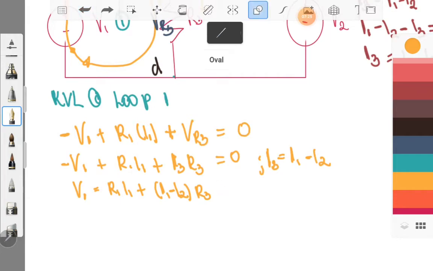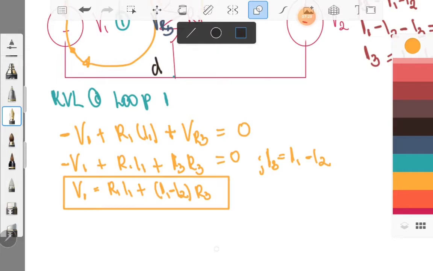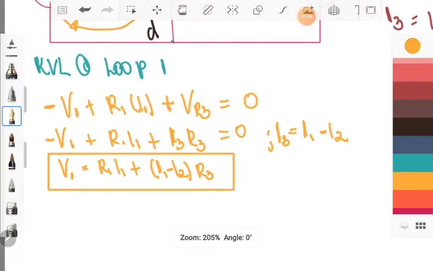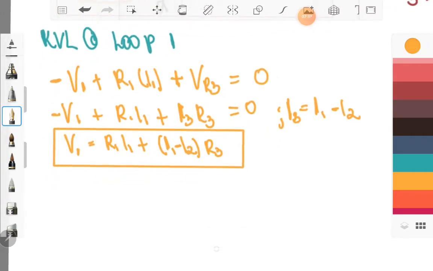This will be your equation number 1. But we need I1 and I2, so we relate it into I1 and I2 to get two variables, two unknowns.